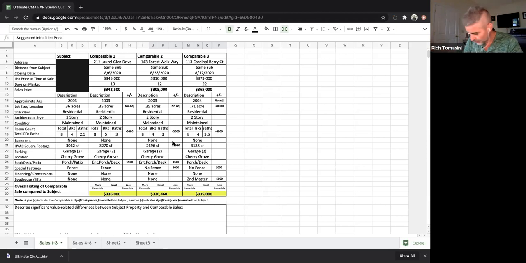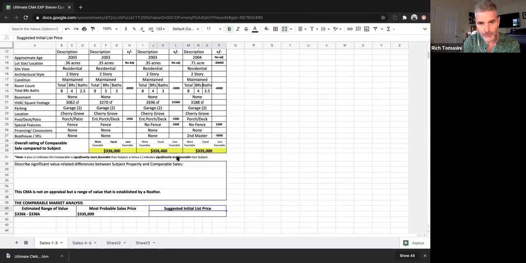Let's add those numbers. 99.2 plus 98.3 plus 96.3 equals 293 divided by 3. So we are about a 98% list to sale price based on our recent research. So that 2% difference is the wiggle room that we need to land at market value.